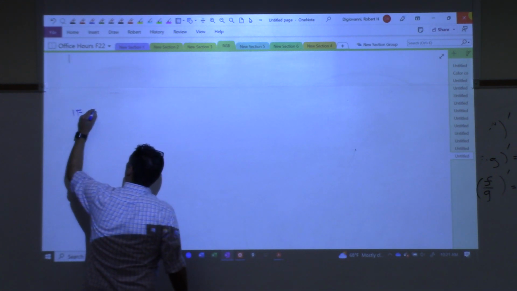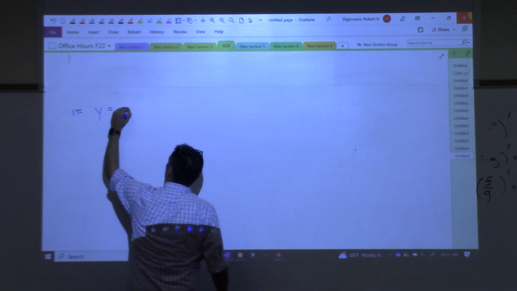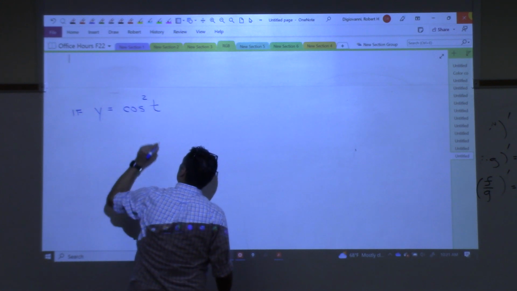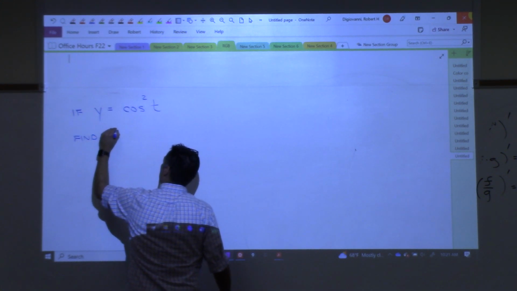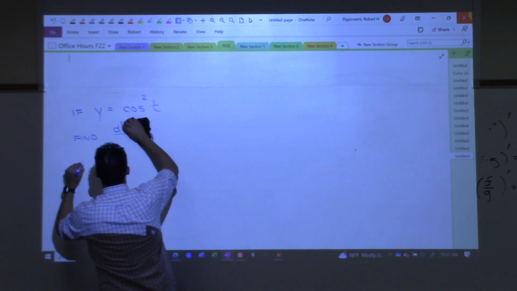If y equals cosine squared t, find the second derivative.